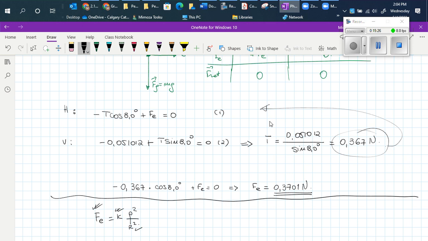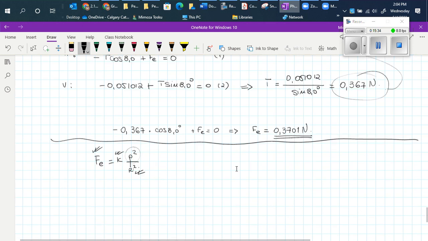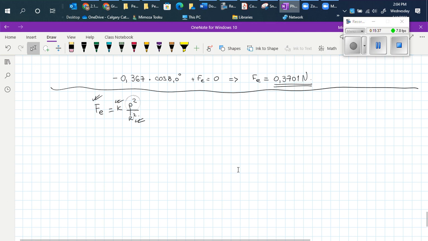We figured out R squared or just R, and we are looking for Q squared. Let's see now how we can manipulate and have a literal formula, so that even if you have a question that is asking you for the charge, you can figure it out.